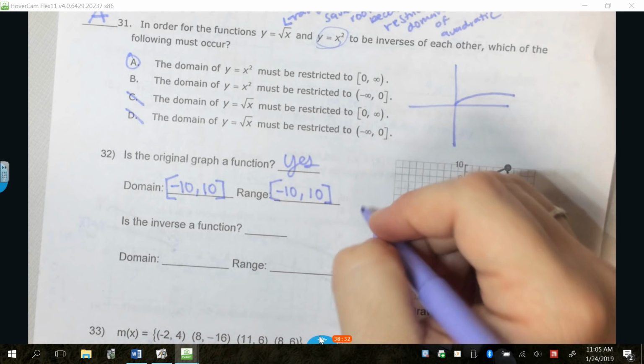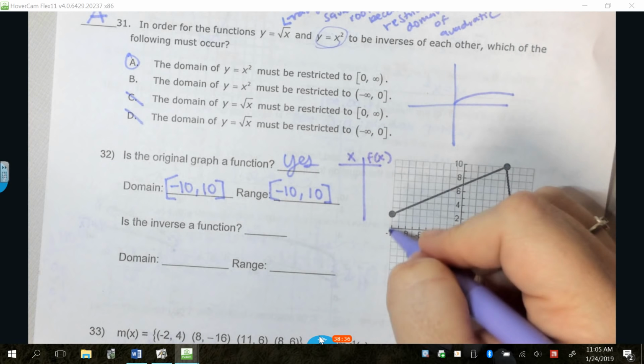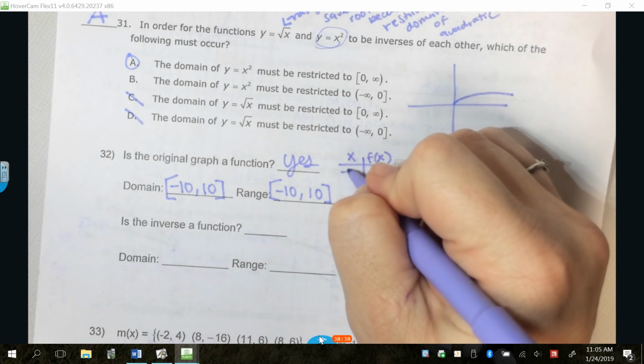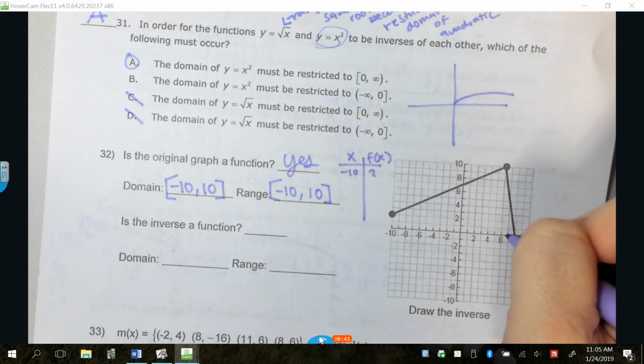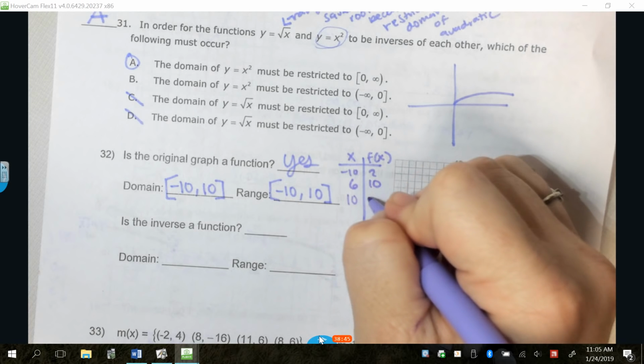So let's graph it. So my graph for the original is (-10, 2), (6, 10), and (10, -10).